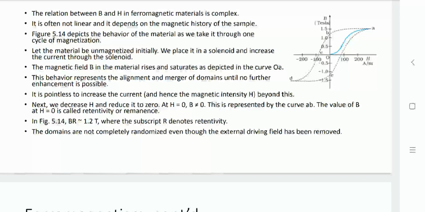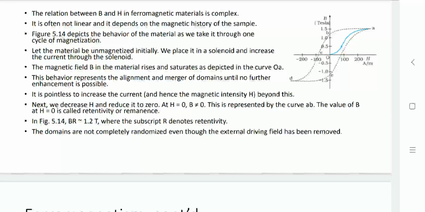As we increase H in the negative direction, the current increases in the negative direction. So now my curve is available from B to D.